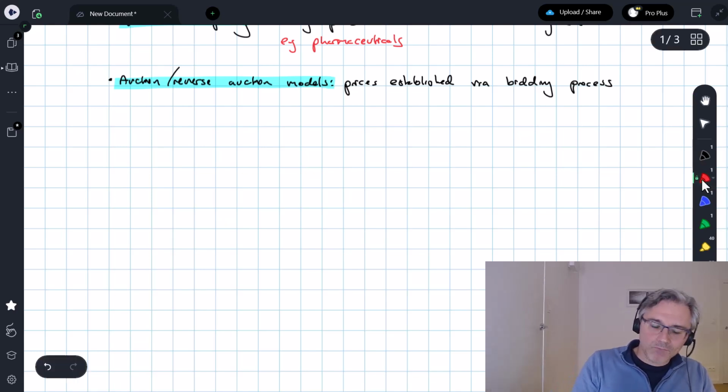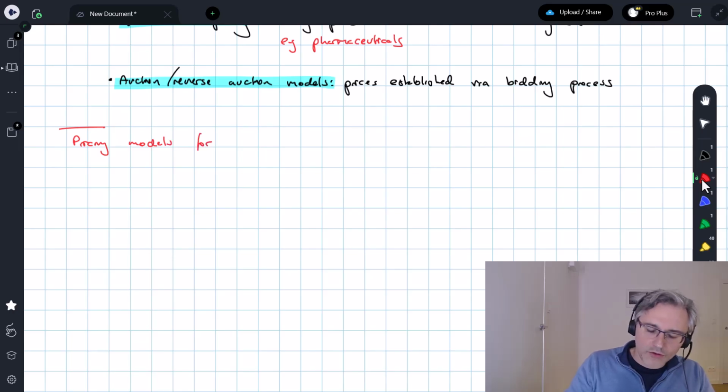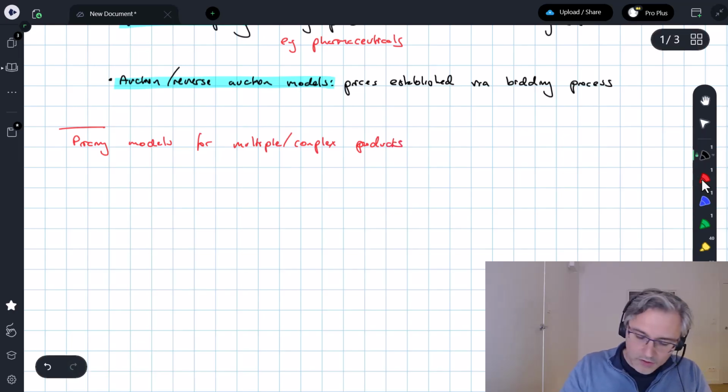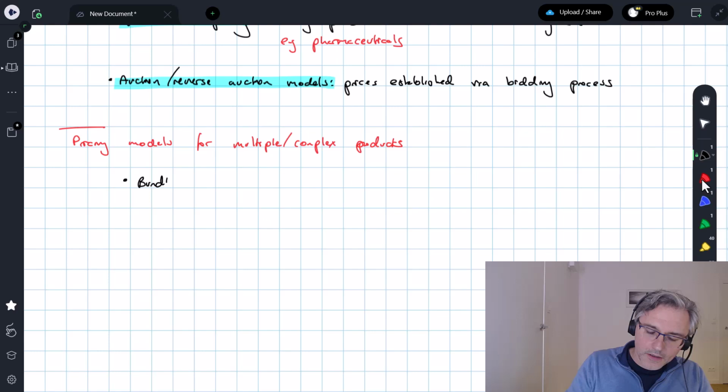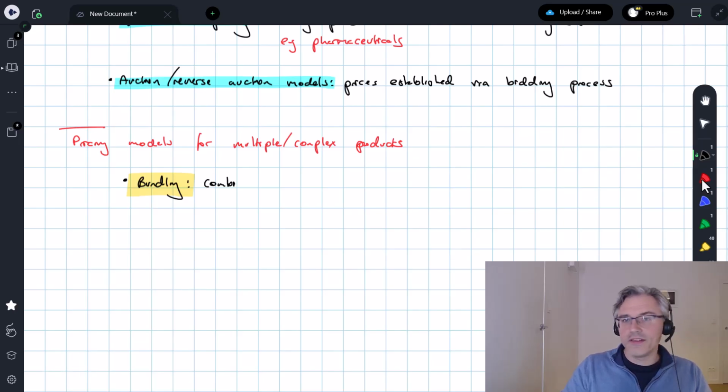Now, the next section of this little topic area talks about the pricing models that are applicable or used when trying to sell multiple or complex products. And they talk about, over here, bundling. Bundling is basically combining multiple products or services into one bundle, into one package.